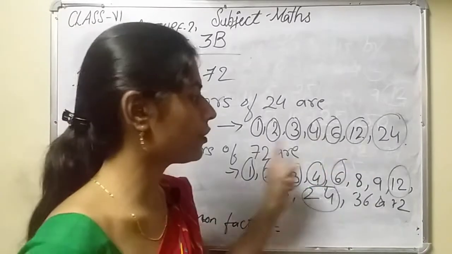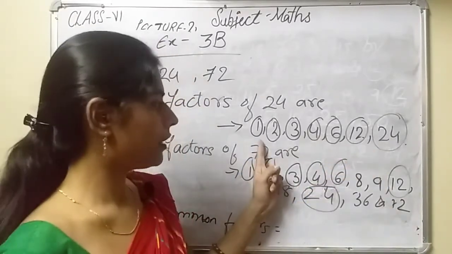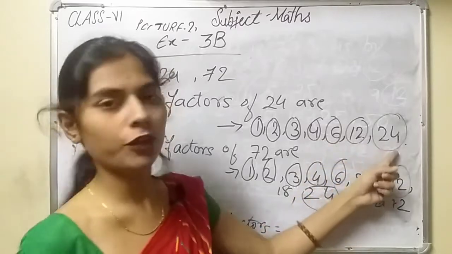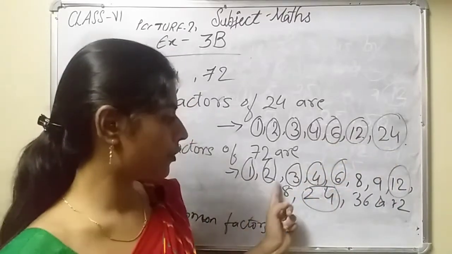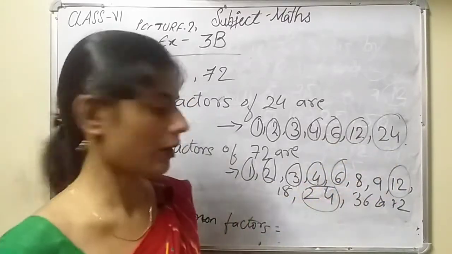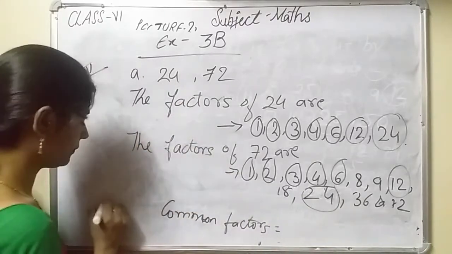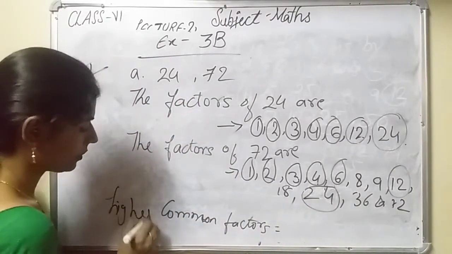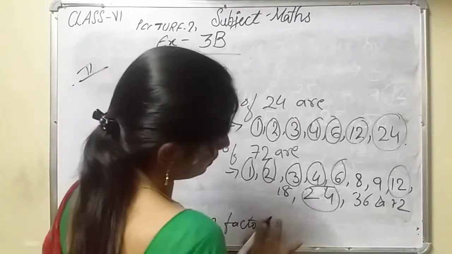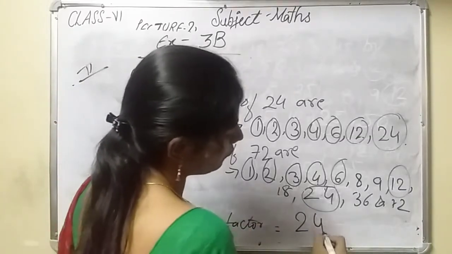See which is the highest common factor you can see here. 1, 2, 3, 4, 6, 12 and 24. And here is also 1, 2, 3, 4, 6, 12 and 24. So highest common factor is equal to 24.